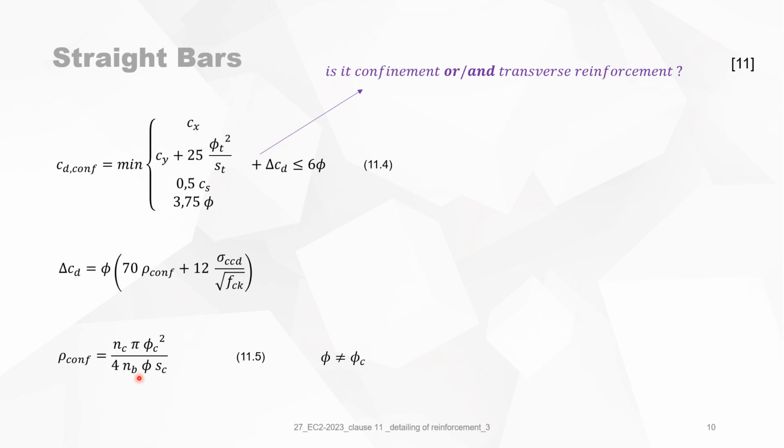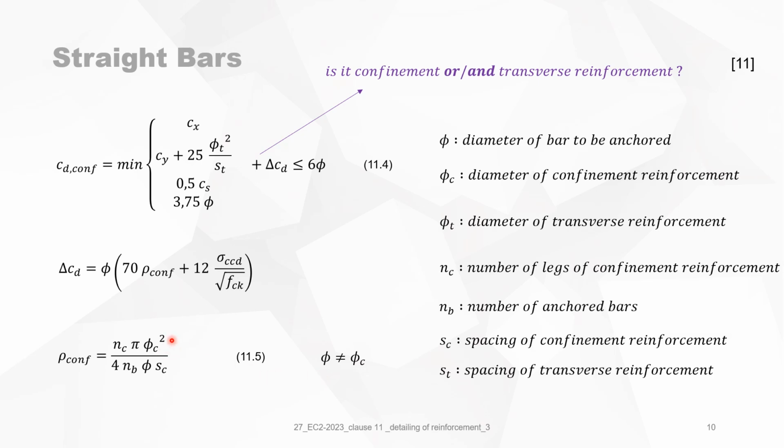But it can be the same stirrup. Just to be clear, in the confinement reinforcement ratio, Vc is of course not equal to the bar diameter. It's different. It's the diameter of the confinement reinforcement.